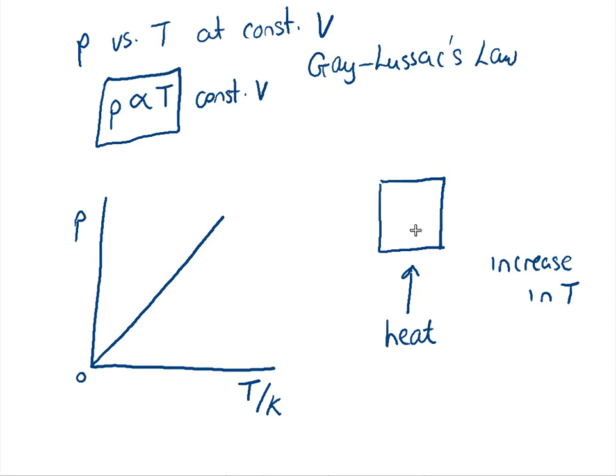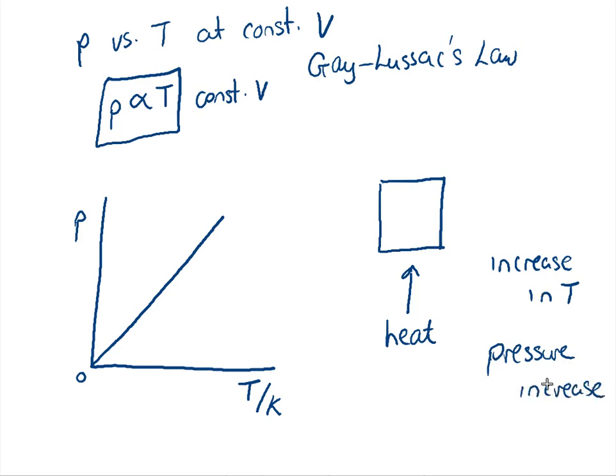They're also going to become more frequent, because if they're moving faster, then they're going to come into contact more often. So the molecules of the gas both increase the energy of their collisions, and they also increase the frequency of the collisions, both amongst themselves and with the walls of the vessel containing them, which means that the pressure will also increase.